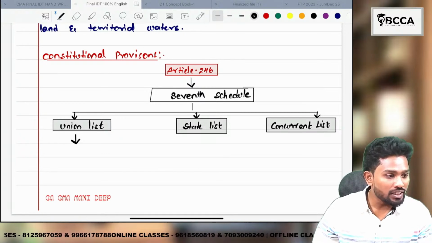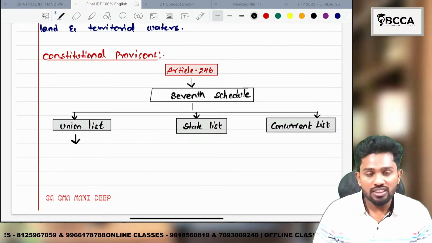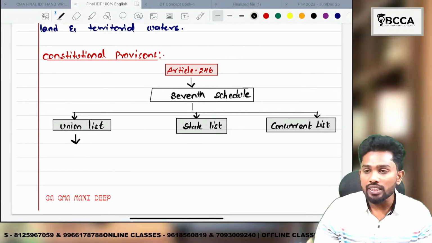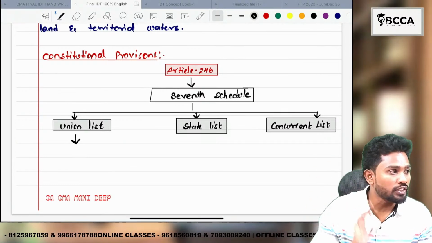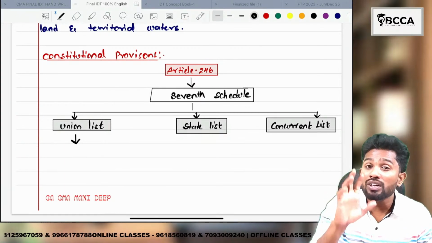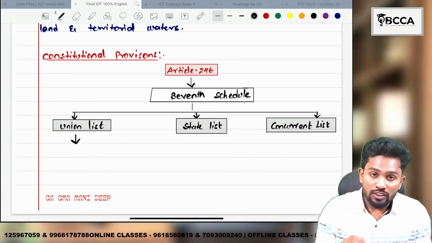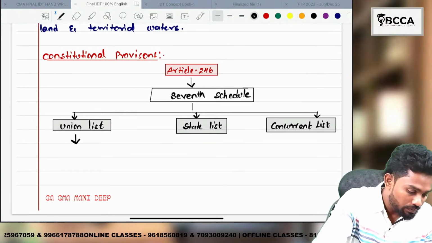There are certain matters in the state list on which the law can be framed only by the state. There are certain matters in the concurrent list on which the central can frame law, and the state can also frame law. So overall, Article 246 gives the power to frame a law. The power to frame a law is given under Article 246, 7th schedule.